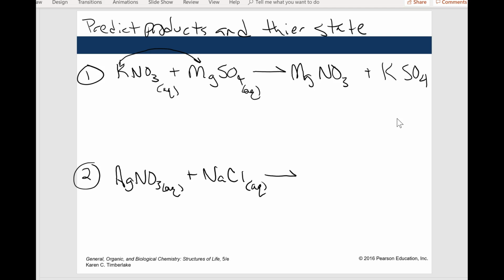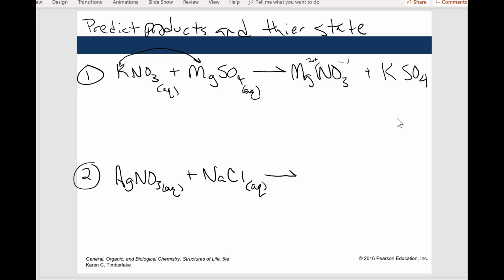So what's the charge on magnesium? Nitrate. It's -1. When we're building compounds, we do not use coefficients. Coefficients out in front tell us how many molecules we need. Subscripts tell us how many atoms we need.